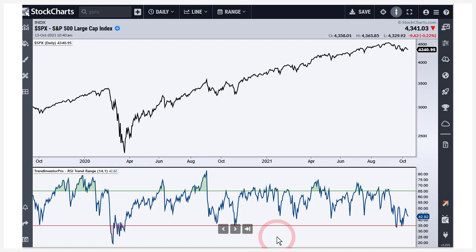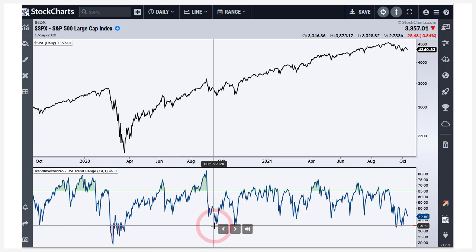It also depends on the ETF or the stock that you're using, because they have different volatilities and different characteristics. But if we just use the S&P 500 here and a 14-period RSI, you can see that during this uptrend, you got started here in late May, early June, when you got above 65.